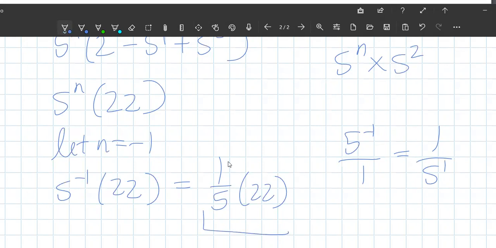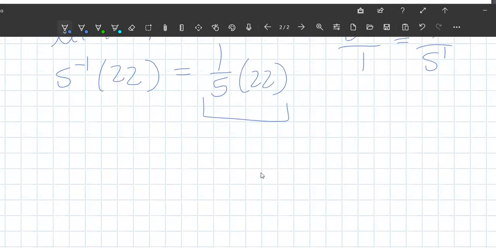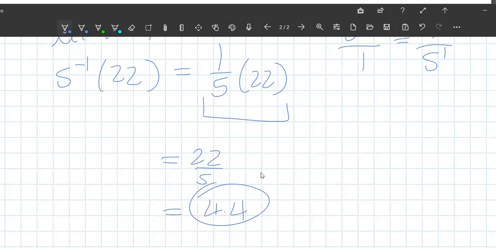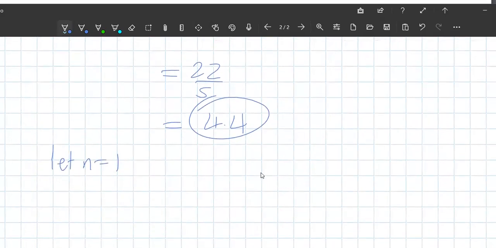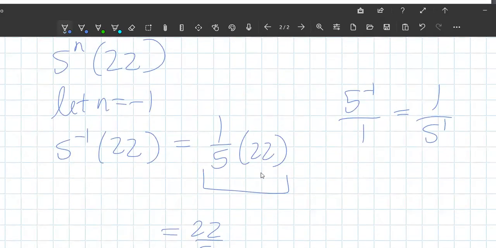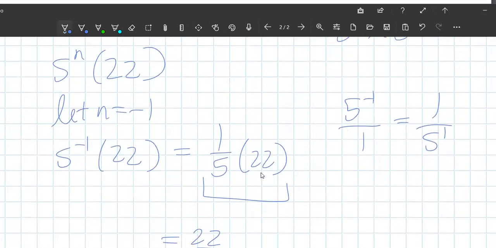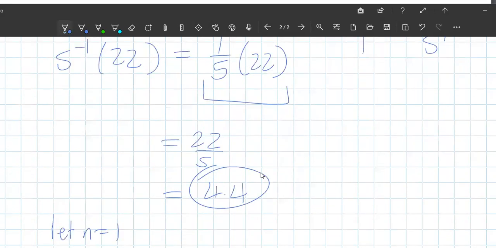Quickly putting this into my calculator. First of all, you get the answer of 22 over 5. Press the S to D button, and you'll get 4.4, which is even. Then I try 1, let n equal 1. So now I'm taking care of another option. And this, obviously, you don't need so many. Minus 1 and 1 is enough. So I let n equal 1.